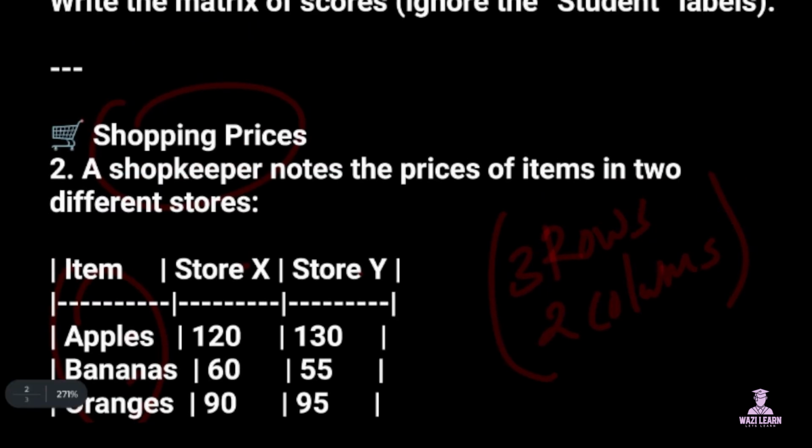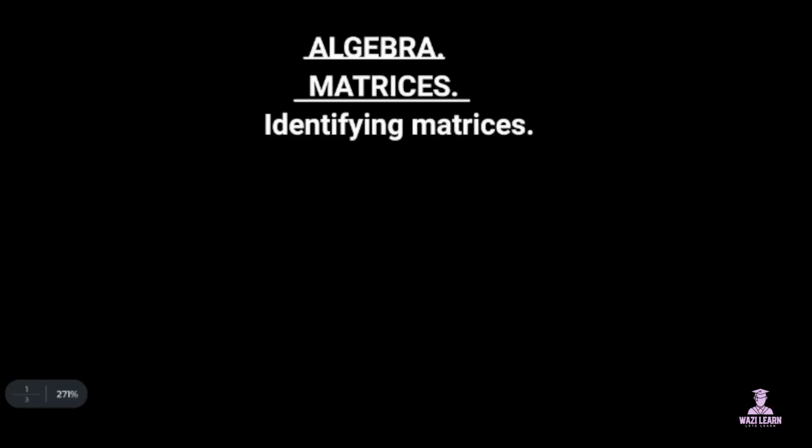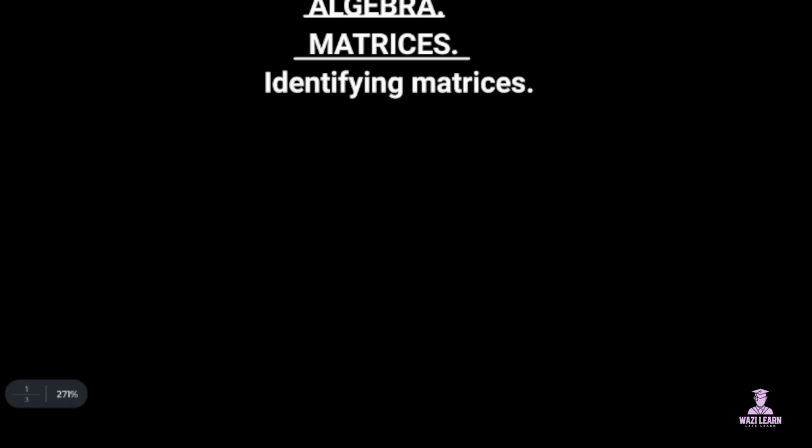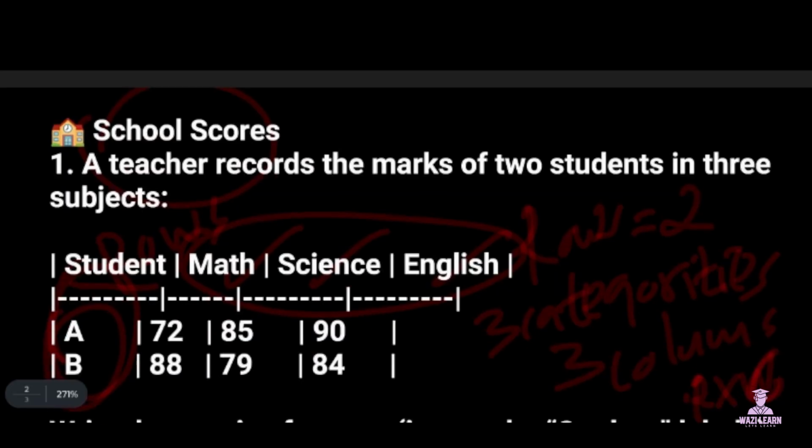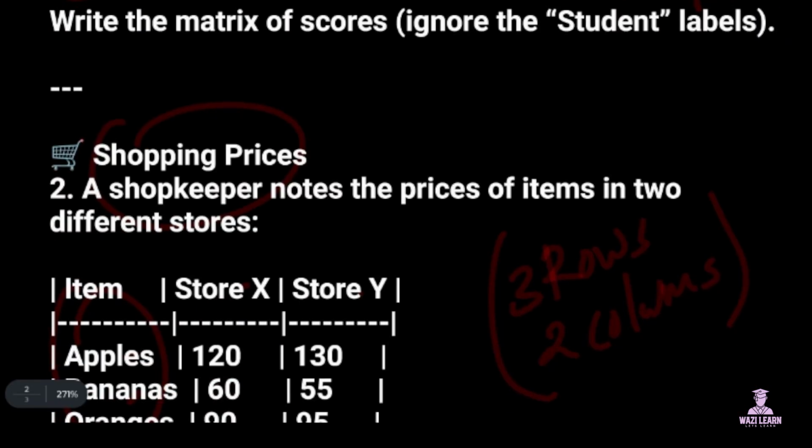So transferring this to our working area, we'll have item. We'll have apple represented by A, bananas and oranges.